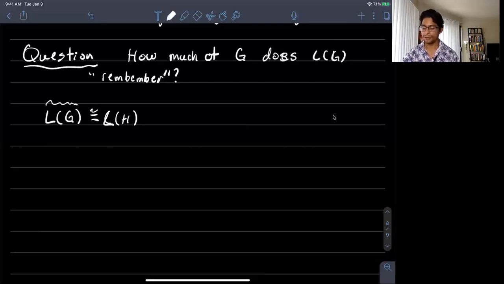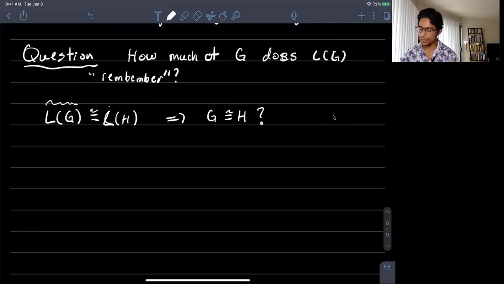You built its group von Neumann algebra. You know there's another group von Neumann algebra out there that's isomorphic to the thing that you've just built. Does that imply that G has to necessarily be isomorphic to H? That's in the vein of what we're discussing here.